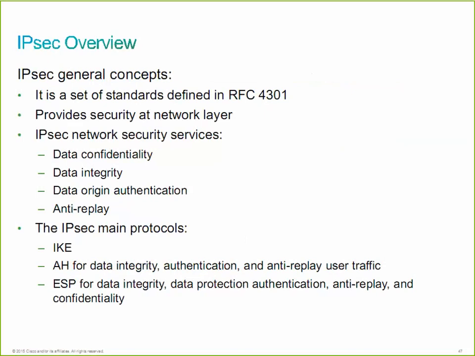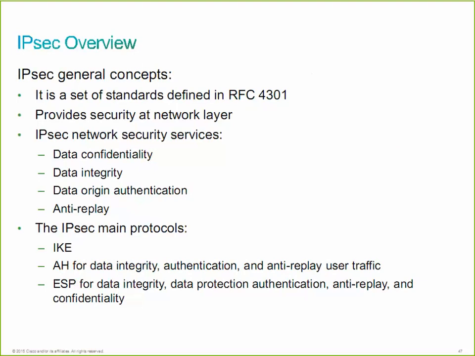As part of that RFC, we offer things like data confidentiality and data integrity. Confidentiality, of course, comes from an encryption algorithm like DES or triple DES or AES. Data integrity comes through the use of hashing algorithms like Message Digest 5 or the secure hashing algorithm.